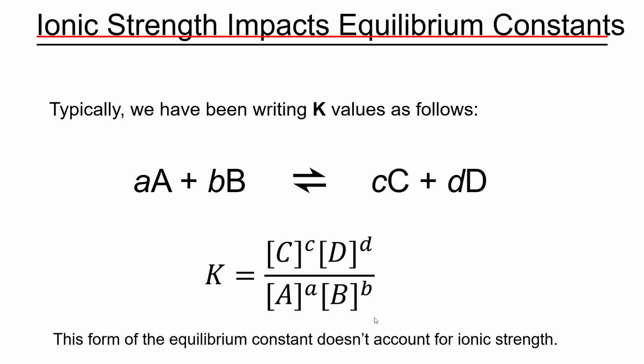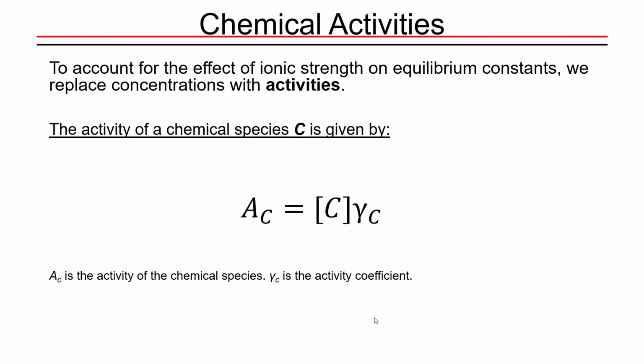If your ionic strength of solution is higher than zero, then there's a better way to write an equilibrium constant expression that accounts for ionic strength, which is known as an equilibrium constant expression in terms of what we call chemical activities. So chemical activities are, from a physics or a physical chemistry perspective, a more accurate way to write an equilibrium constant expression to begin with.